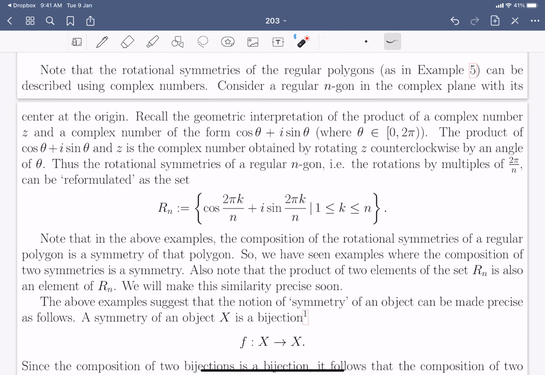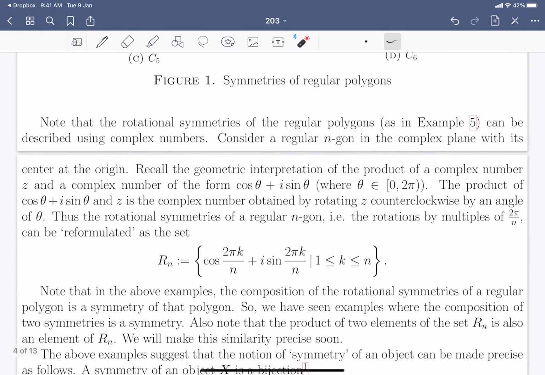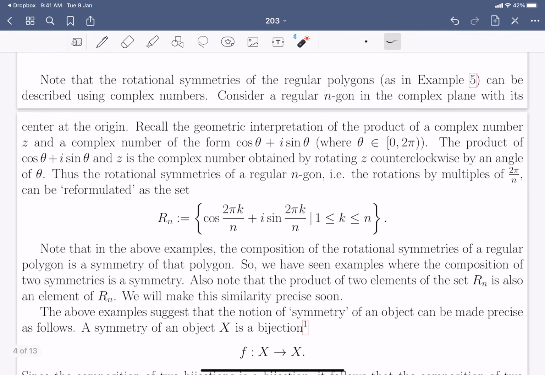Okay, great. So note that these rotational symmetries of these regular polygons that you have just now observed can also be described using complex numbers. Okay, the rotational ones at least. If you consider this regular n-gon in the complex plane, then what we are doing is just rotating, and such a rotation corresponds to an expression of the form cos theta plus i sin theta. This is a geometric interpretation of multiplying two complex numbers. So if you pick a complex number z and multiply it by this complex number of modulus 1, then what you get is z rotated counterclockwise by an angle of theta.